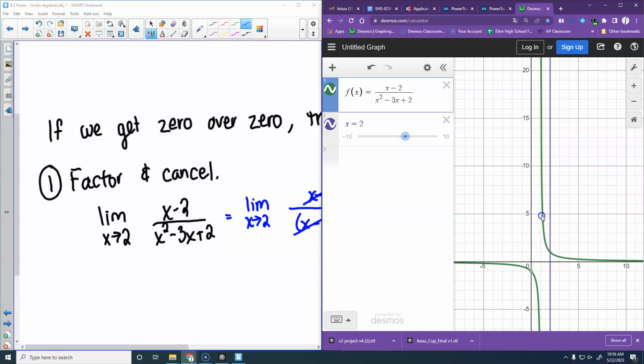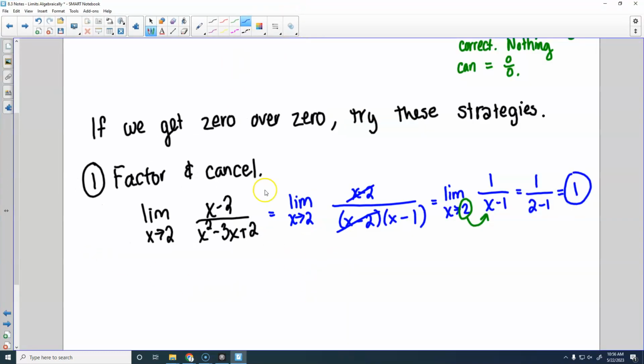But when you click on that green graph, there we go, it is undefined. So you have a hole in the graph, but the y value that you approach is 1. This guarantees that that's the case, whereas numerically or the graph just supports that it's the case. Okay, questions on that?